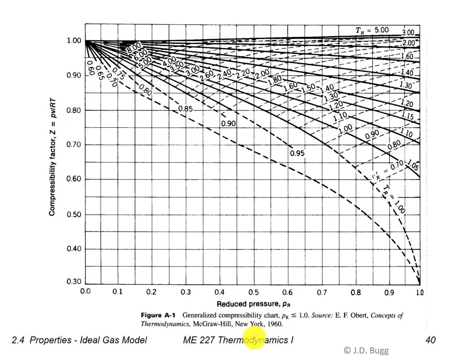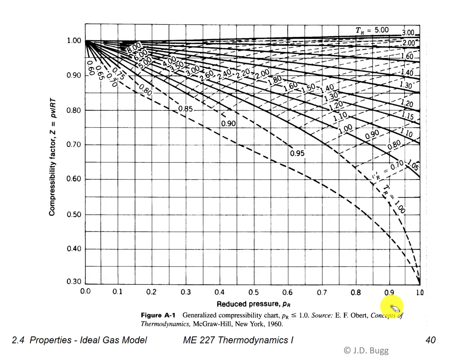This particular chart only goes from a reduced pressure of 0 to 1. Typically these charts are drawn on several pages, each covering a different range of reduced pressure, so that you can zoom in on that range and give a little more accurate chart for reading numbers off. So the axes are as we would expect.